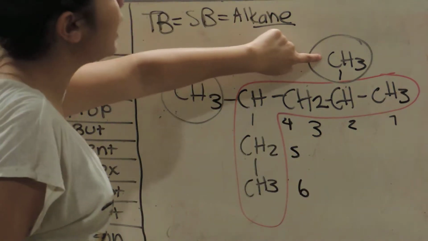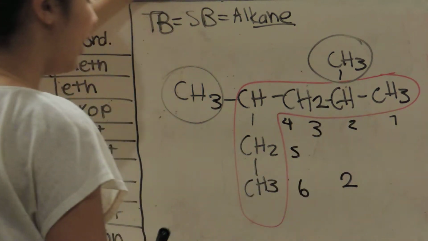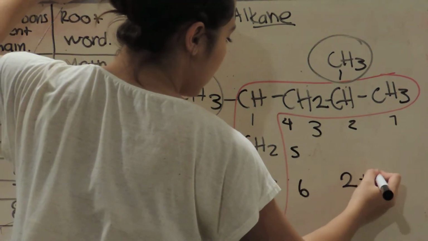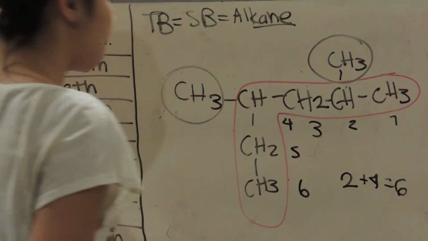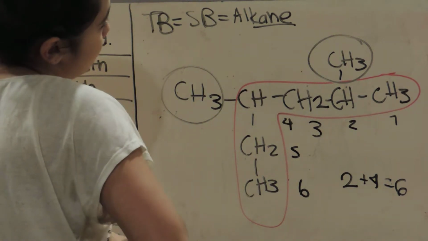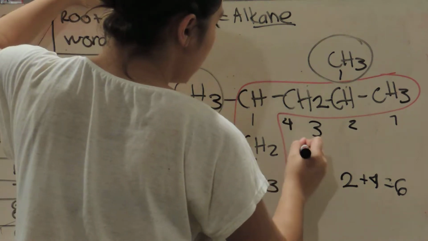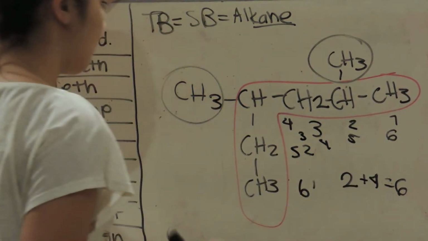If we start numbering from right to left, like this, 1, 2, 3, 4, 5, and 6, we have one alkyl group in carbon number 2, and an alkyl group in carbon number 4. So, 2 plus 4 equals 6. But if we start numbering from left to right, we will have 1, 2, 3, 4, 5, and 6.